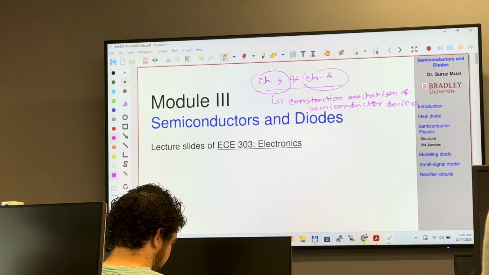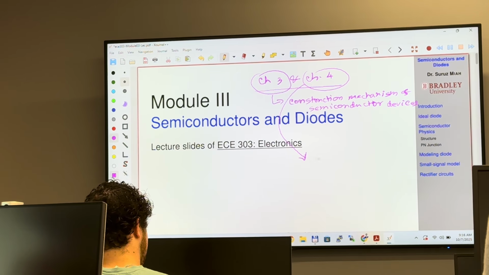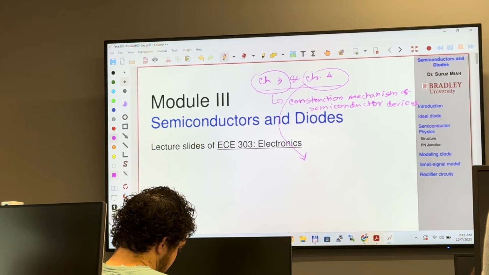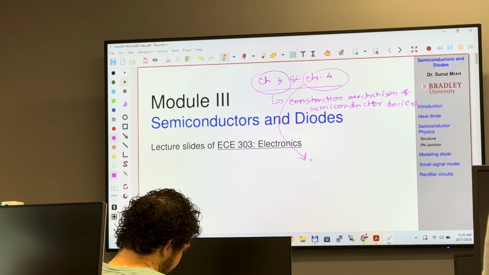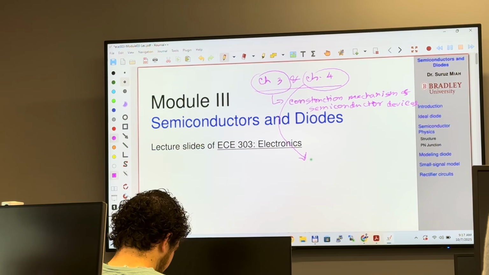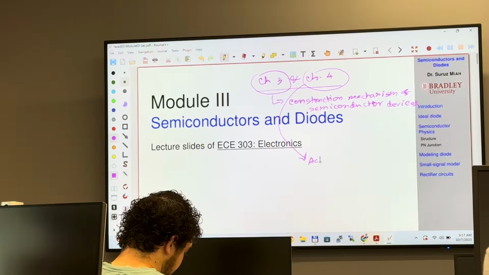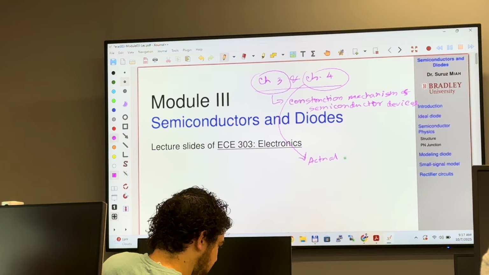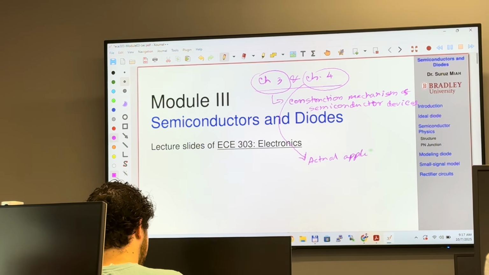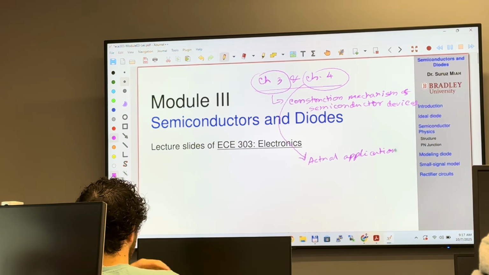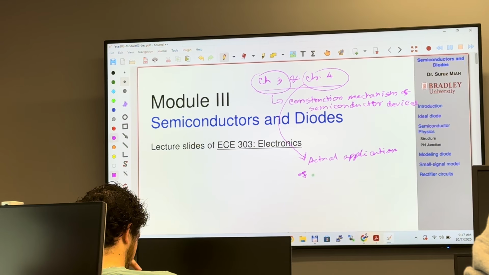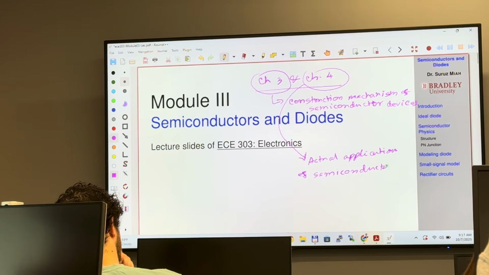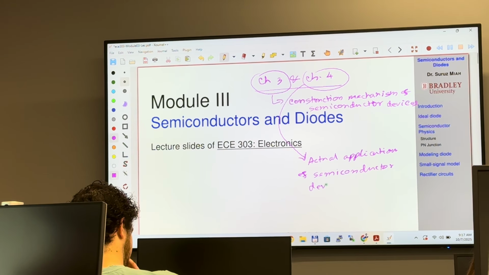And then chapter 4 is about actual application of semiconductor devices.